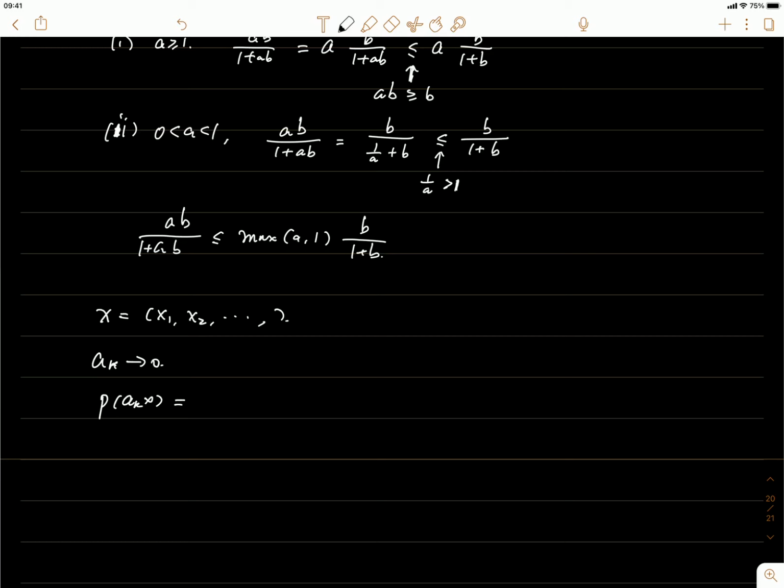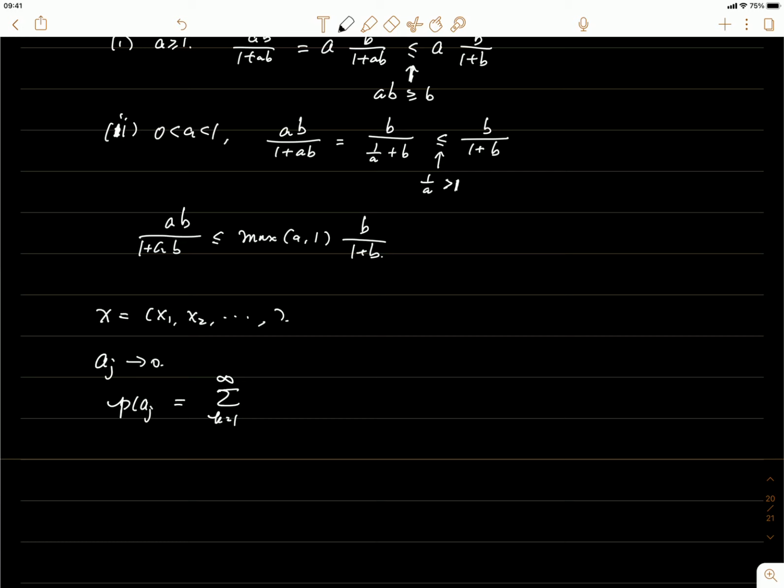And according to our definition, that would be just the sum for k from 1 to infinity. Let me use j here, not to be confused with the k. k is the index for the sequence x. The j is the index for the scalars aj.